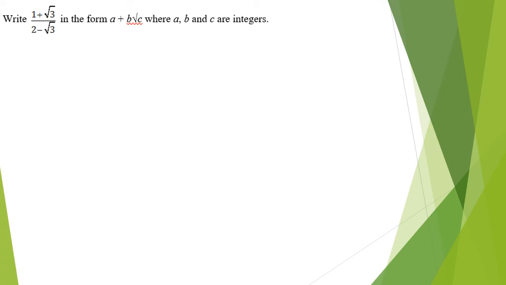Next, that's the last question. So A from this question is another achieved question. Basically you've got those two complex numbers, not complex, but square root of 3. You need to write it in this format, a plus b square root of c. That means you will treat it as a complex number, so you will multiply it by the conjugate of the denominator.